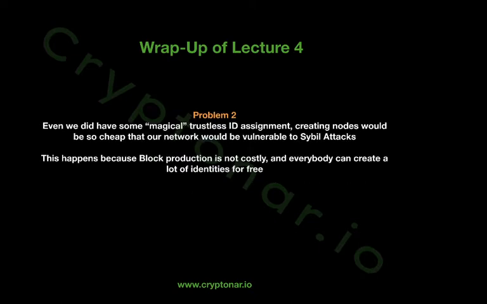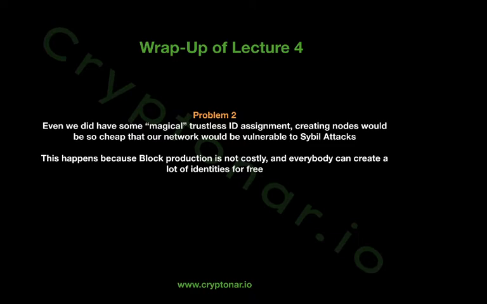And another problem is that even if we have some IDs that get magically assigned to these banks, you can still create a lot of identities, and so the network can be attacked by Sybil attacks. That we saw last time is the way in which you can attack a network by forging a lot of different identities because they don't have any cost for you to create.